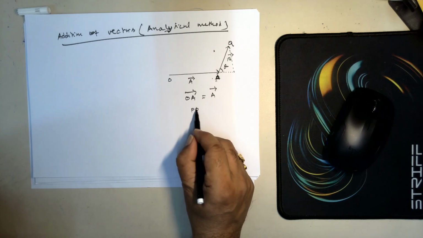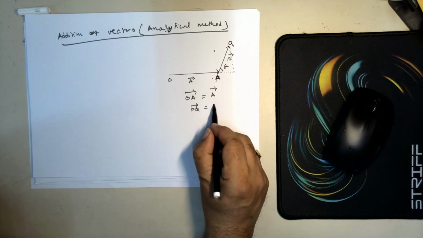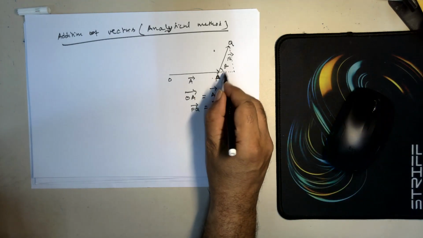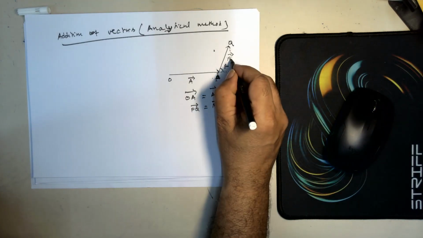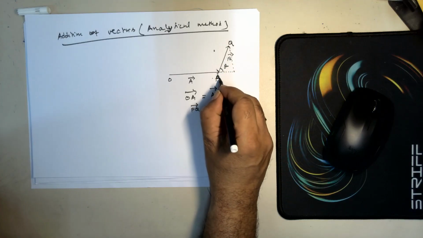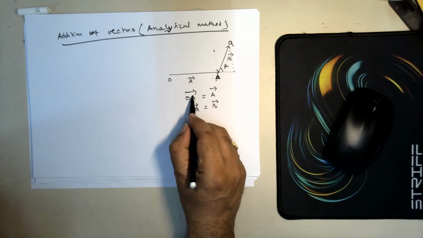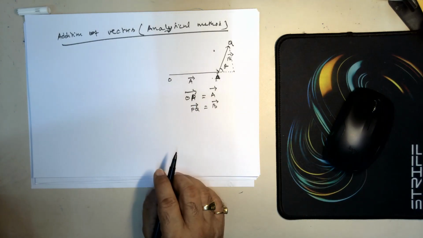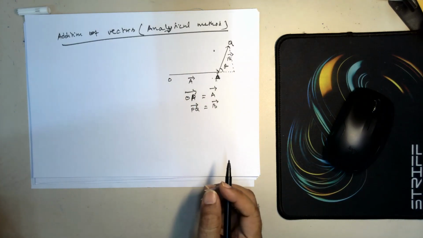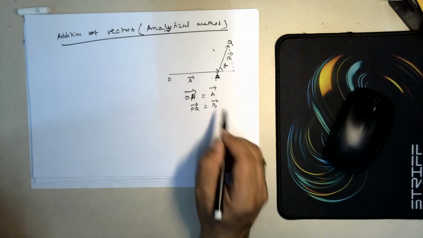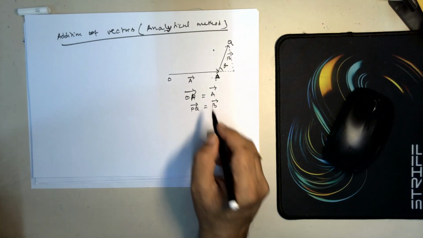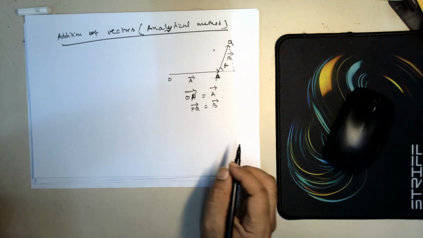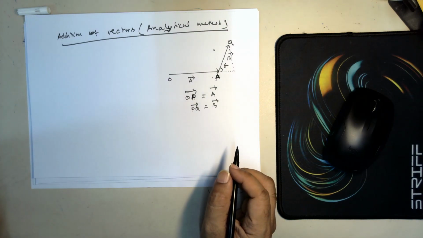OP is equal to A vector. Similarly, PQ is vector B, and it subtends an angle theta to the x-axis or the horizontal.